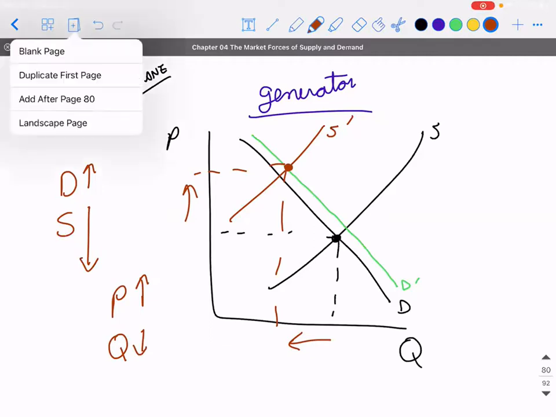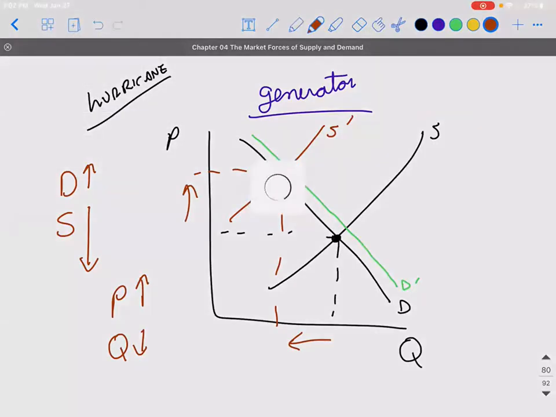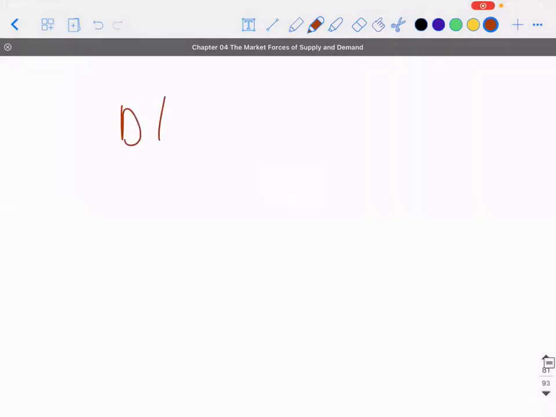But what if whatever the event was, it was the opposite, where demand increased a lot and supply decreased only a little?